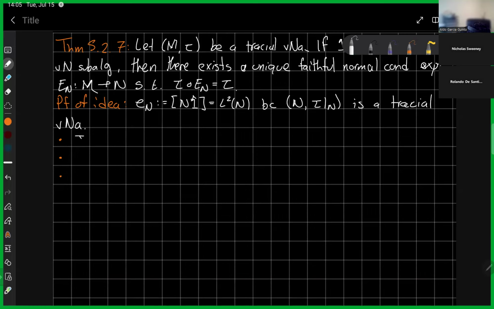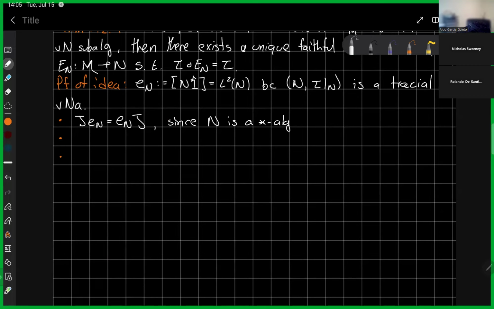So J and En commute. Since N is a star algebra, we also have that En commutes with Y for Y in N.